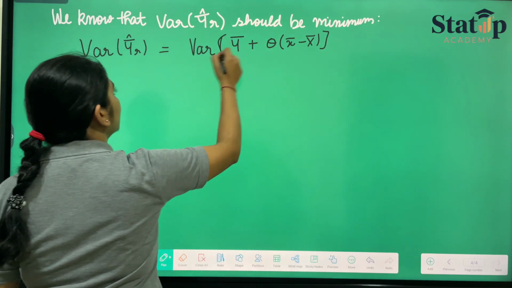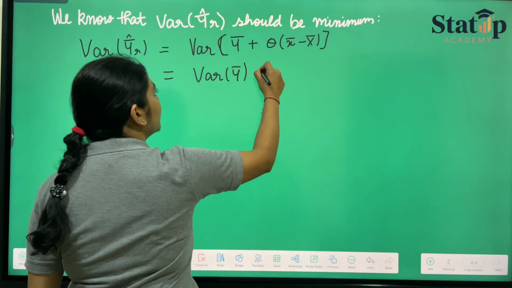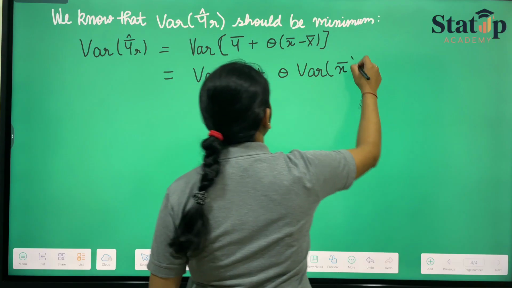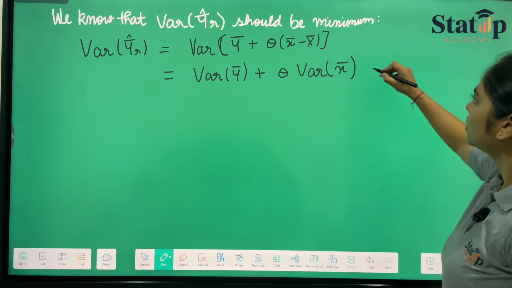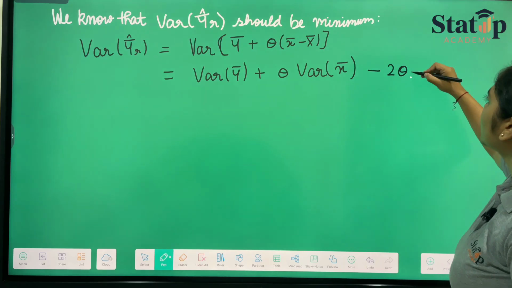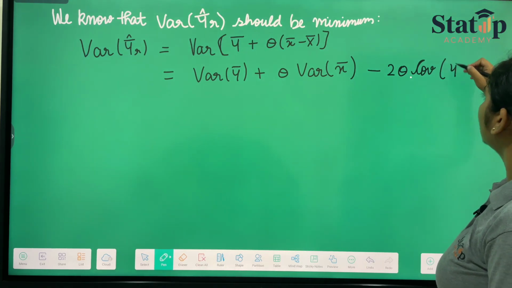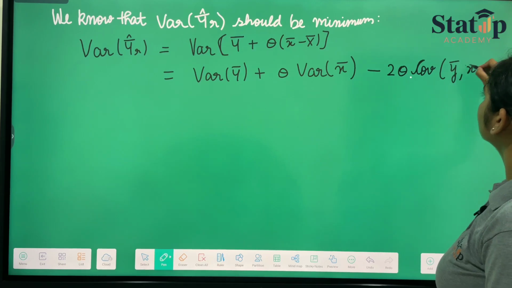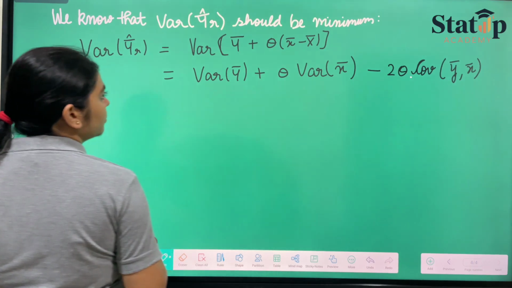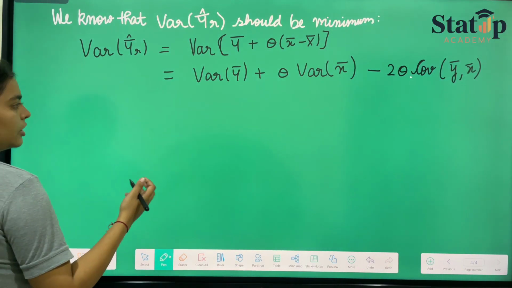So it will be nothing but variance of y bar plus theta square into variance of x bar minus 2 theta covariance of y bar and x bar. So this is the variance of regression estimator.